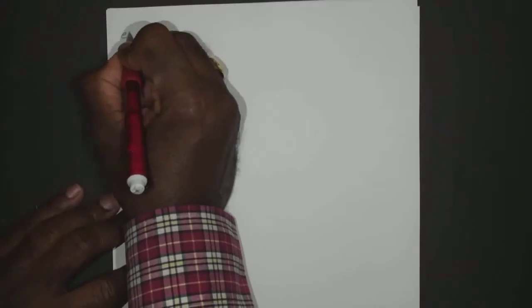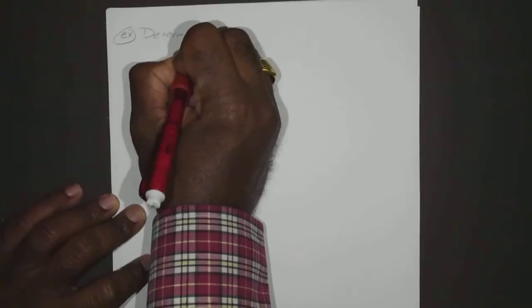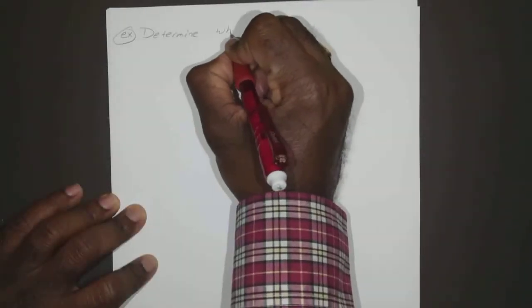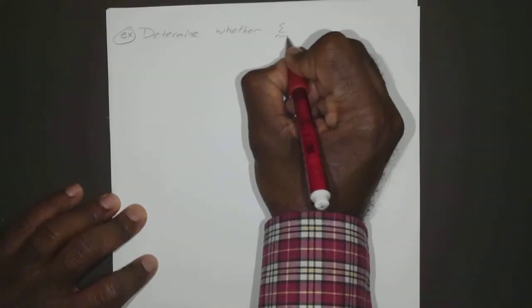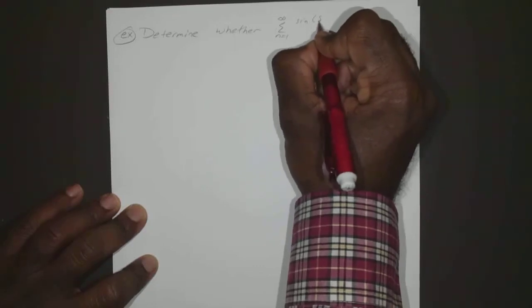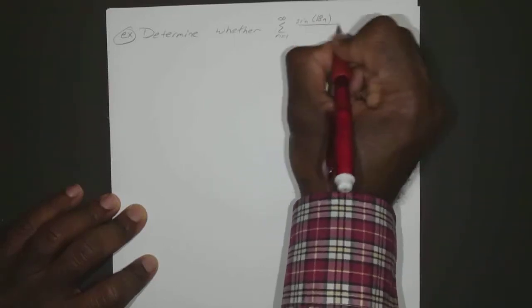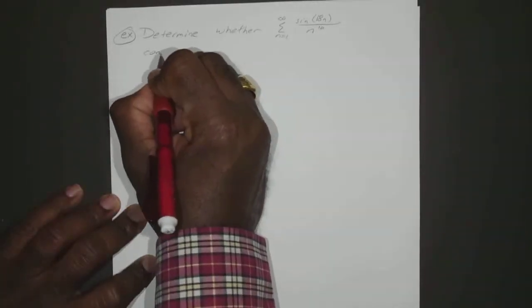All right, so let's say for our next example, we want to determine whether the sum from n equals 1 to infinity of sine of 18n over n to the 10th power converges or diverges.